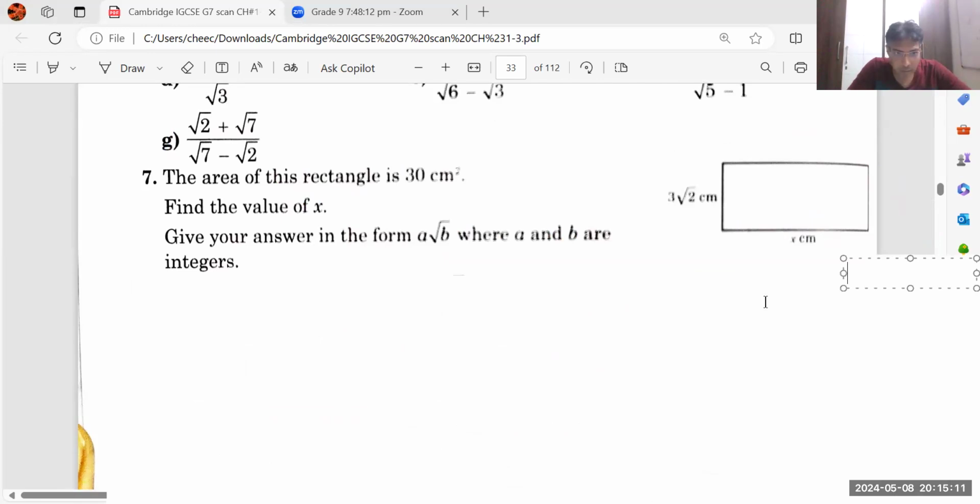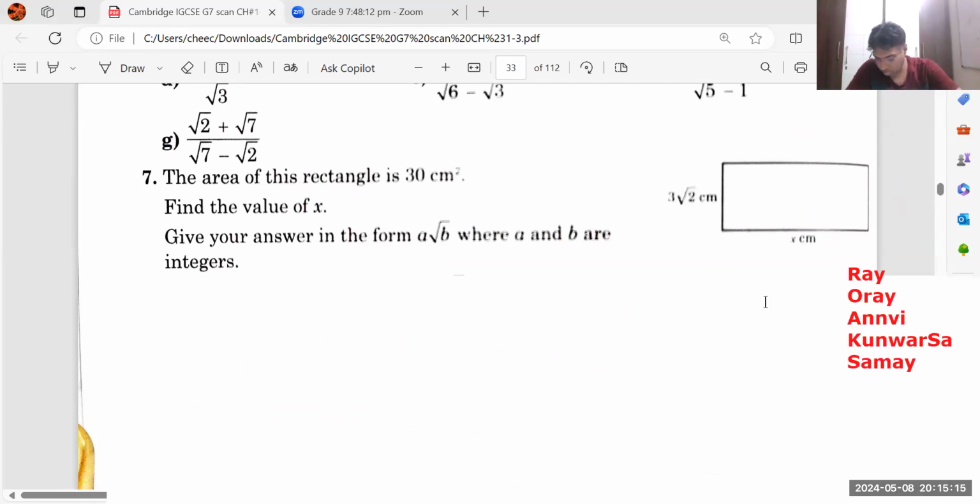Samay, you can do the next one. So Ray, it's correct, beta, but we are making mistakes. Anvi, we are making mistakes, beta. Calculation mistakes.